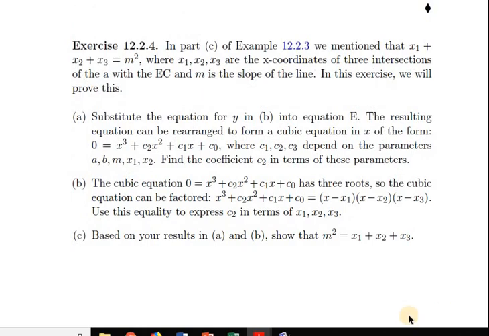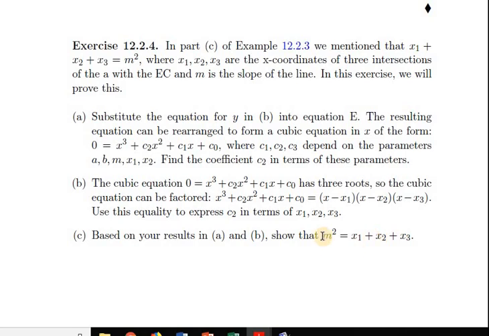This exercise is designed to enable you to prove this formula that gets the third x-coordinate in terms of the 2 original x-coordinates by using the 2 original x-coordinates and the slope. All right? So once I have established this equation, if I want to find x3, I simply solve this equation for x3, and I can obtain x3 from the 2 x-coordinates and the slope.